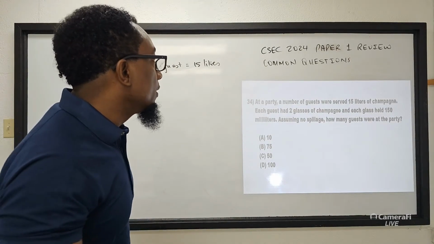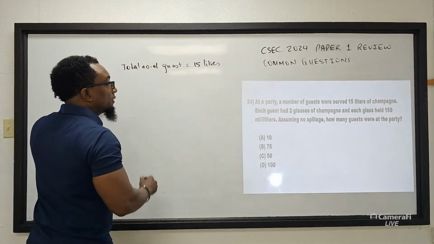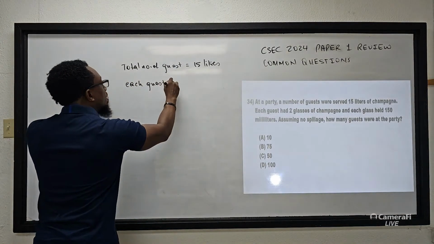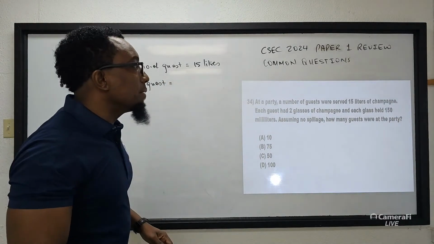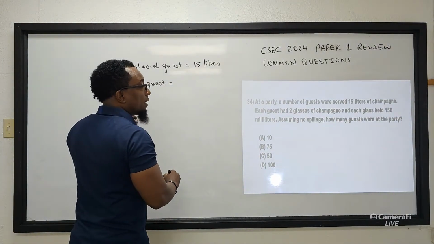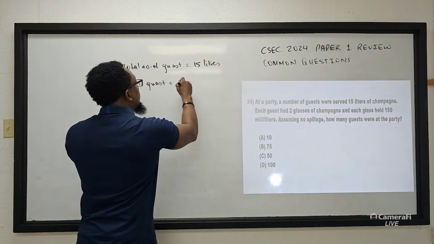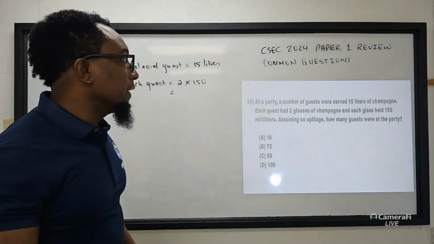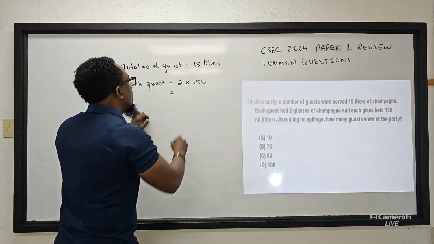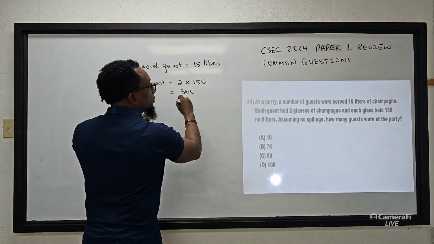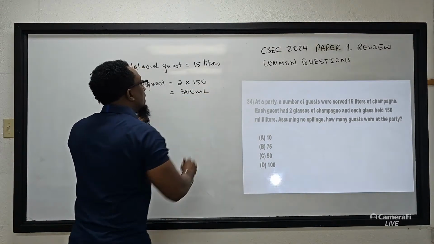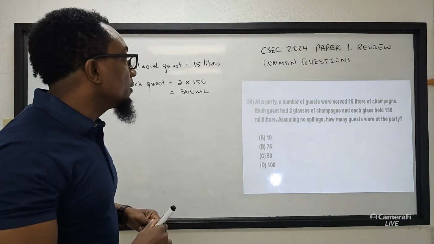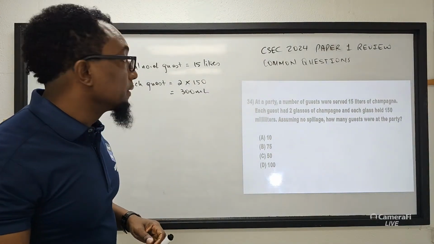So 2 glasses will be 2 by 150, which will be 300 milliliters. So each guest will be served 300 milliliters of champagne.